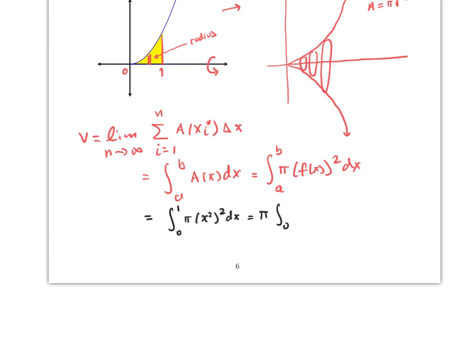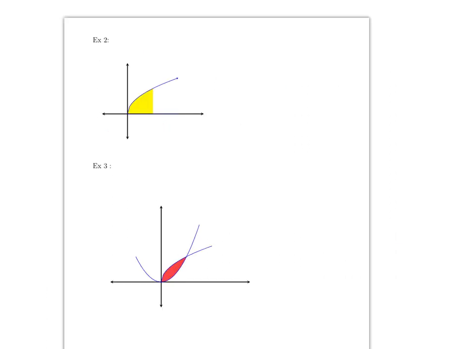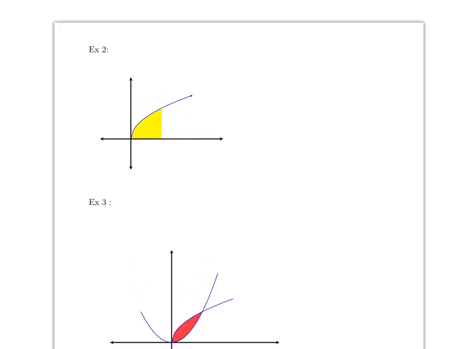This is the integral from 0 to 1 of x to the 4 dx. And this will be just pi over 5 times x to the 5 from 0 to 1, which is equal to 1 over 5 pi, and this will be in cubic units. And that's it. All right, so let's try another example.